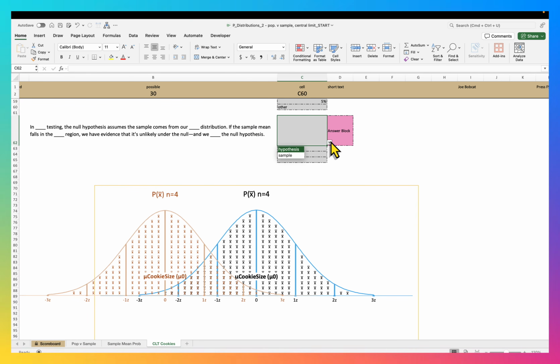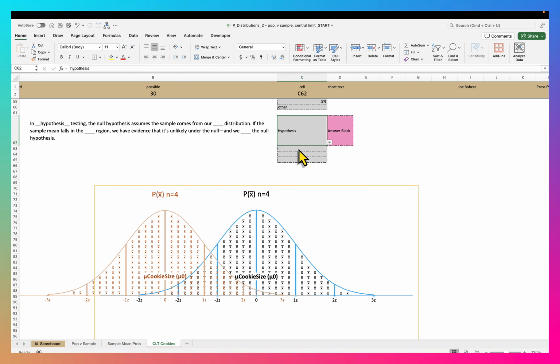In hypothesis testing, the null hypothesis assumes the sample comes from our original distribution. If the sample mean falls in the tail region, we have evidence that it's unlikely under the null, and we reject the null hypothesis.